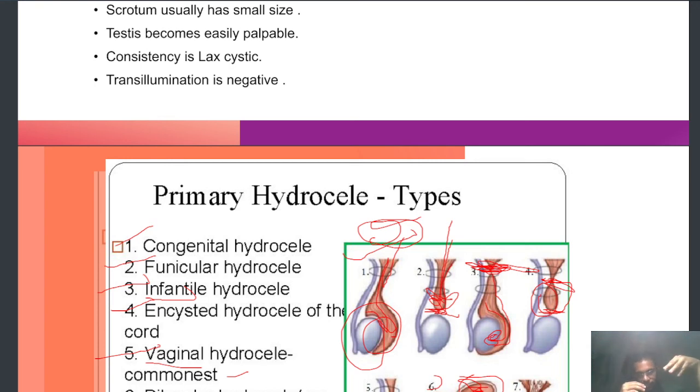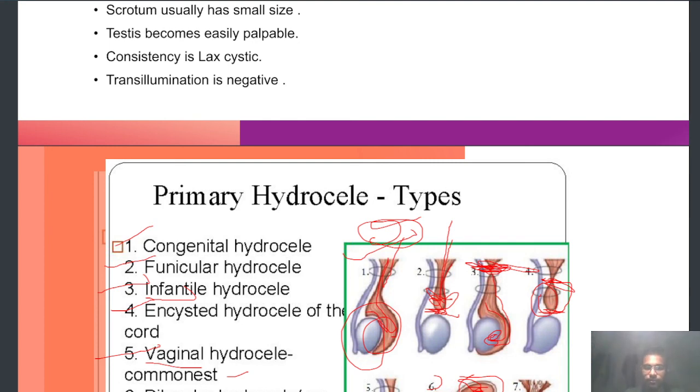So as they leak with the fluid into the scrotal sac, and when the abdominal contents actually reach inside the scrotal sac, it becomes a hernia. So this is known as the hydrocele of the hernia sac. You have the abdominal contents as well, and then you have the accumulation of fluid as well. So this forms the hydrocele of the hernia sac.